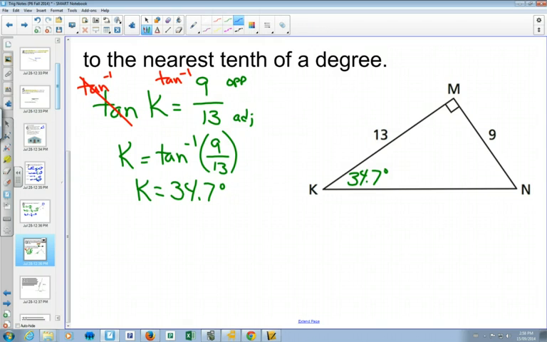If we wanted to find angle N, you could find it the same way. We know that tan of N, the opposite side is 13, the adjacent side is 9.